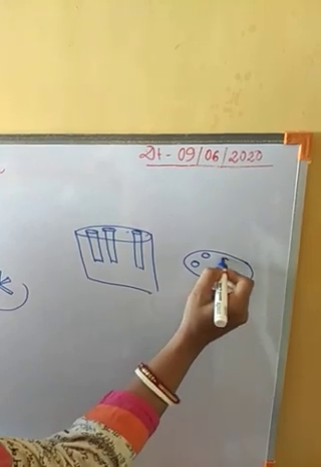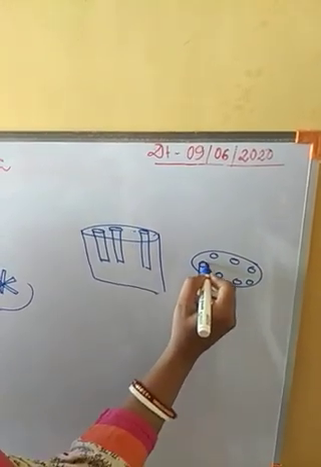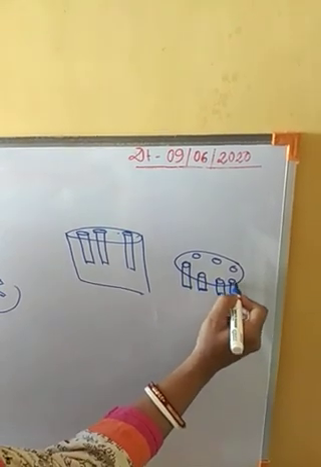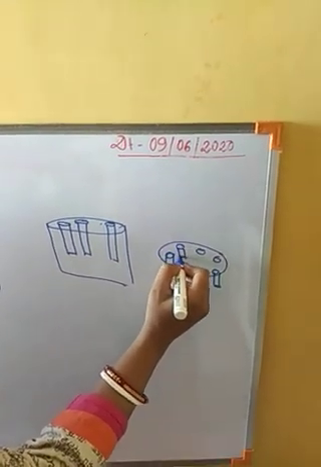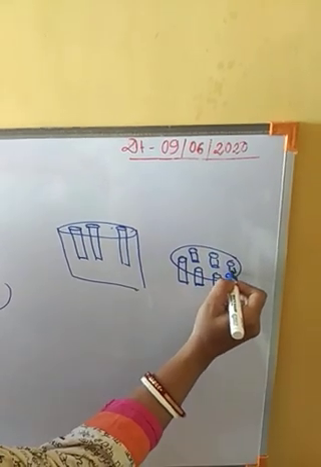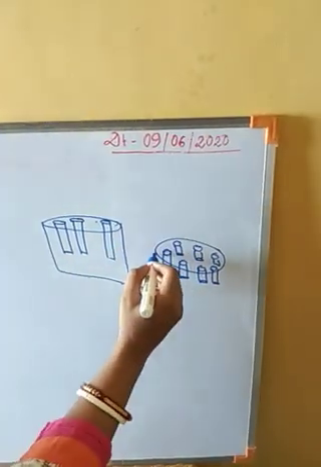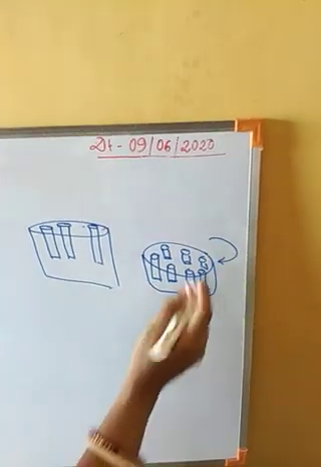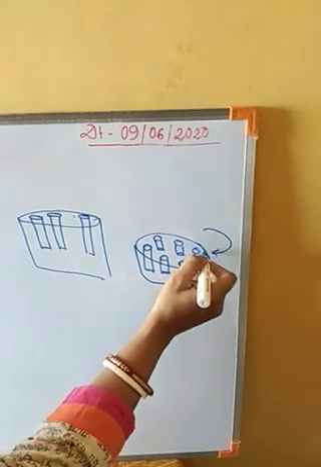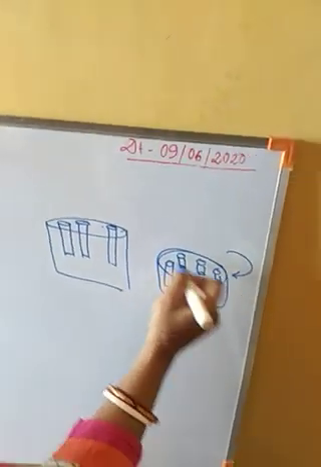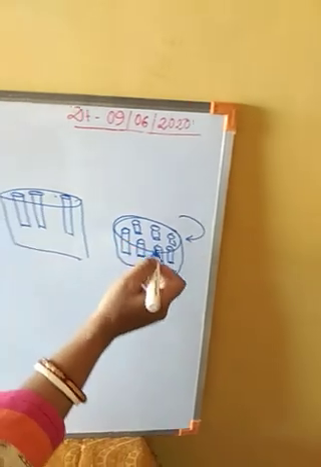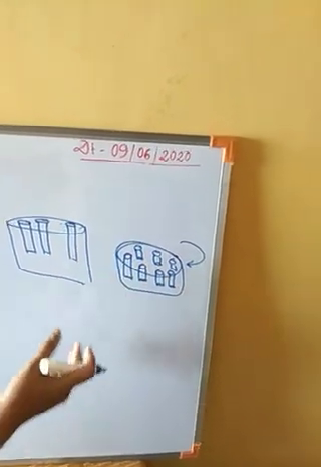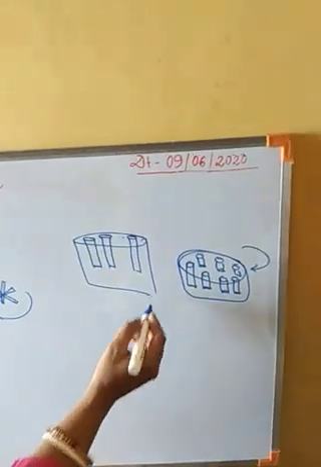These are small test tubes where we will be keeping the sample, and blood samples we can put here. At a very high speed we will be spinning this, and because of this force, the particles will get separated from the watery part. So this is what centrifugation is all about.